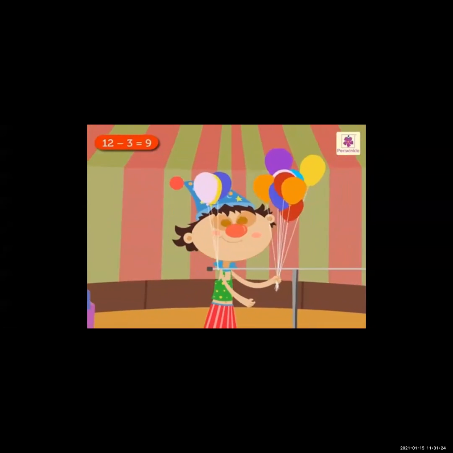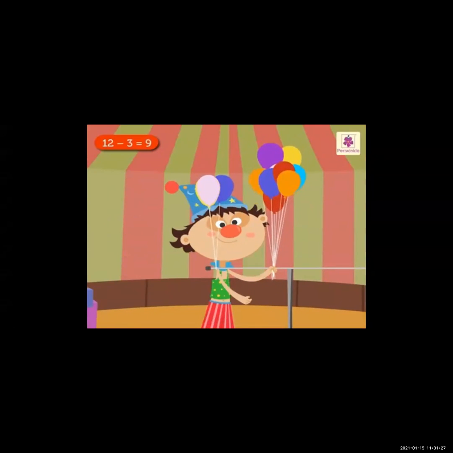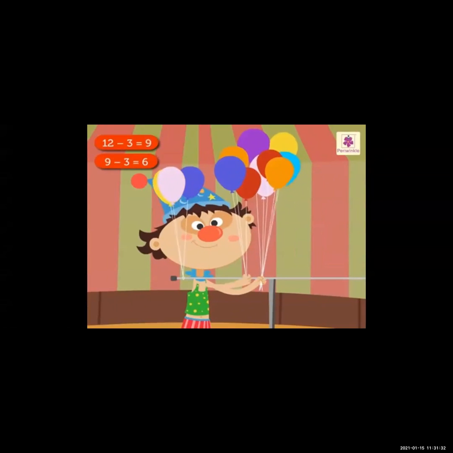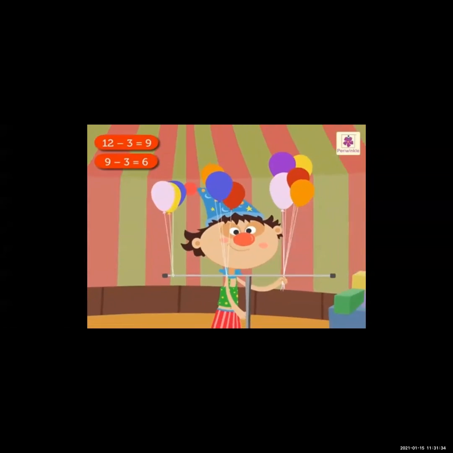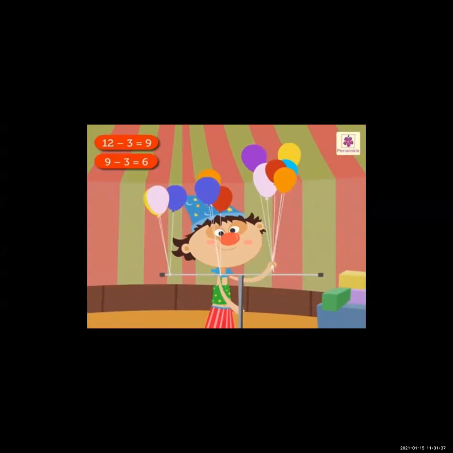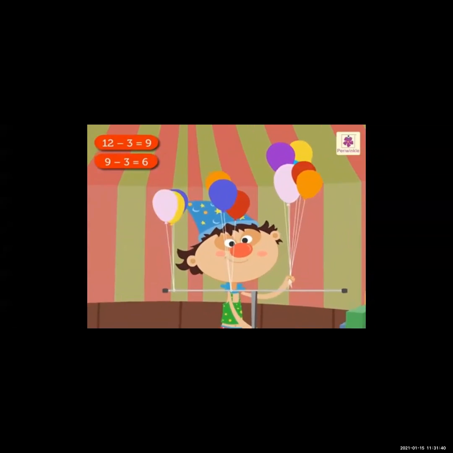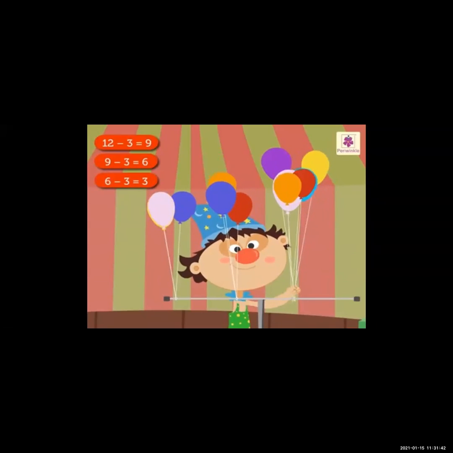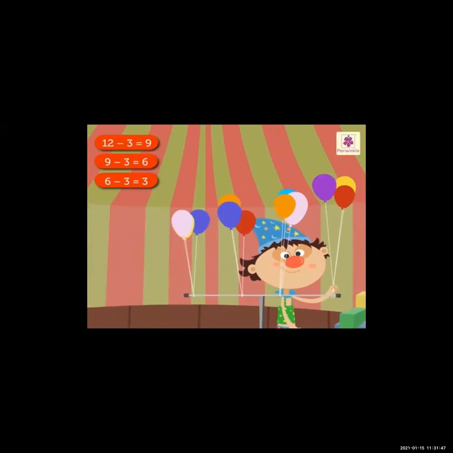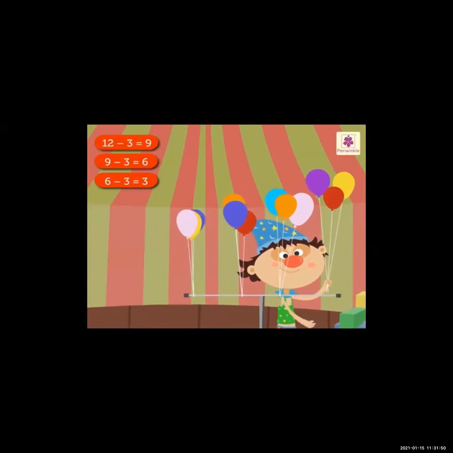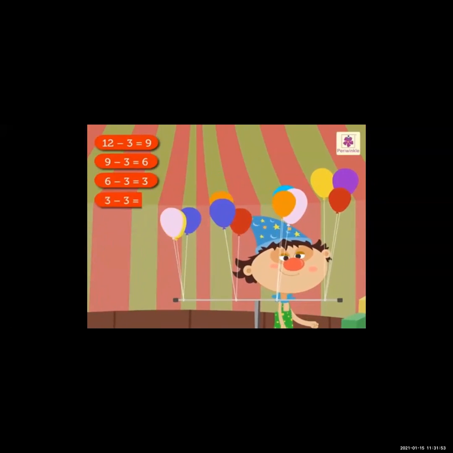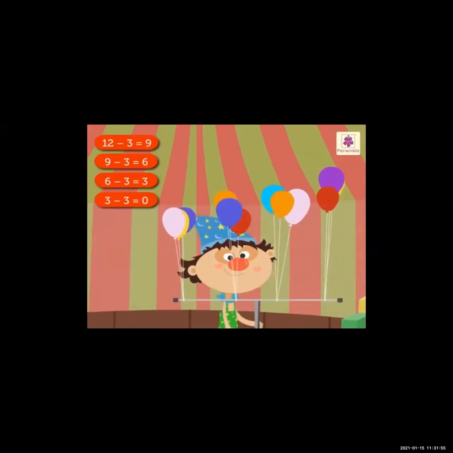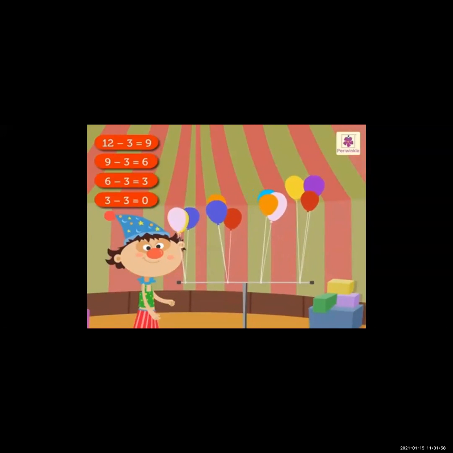Now, he is left with 9 balloons in his hand. Again, he ties 3 more balloons from 9. So, he is left with 6 balloons in his hand. One more time, he ties 3 more balloons from 6. He is left with 3 balloons in his hand. He ties the remaining 3 balloons. Oops! He is left with 0 balloons in his hand.